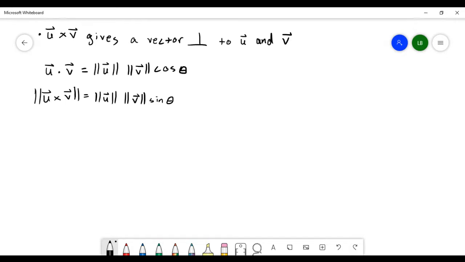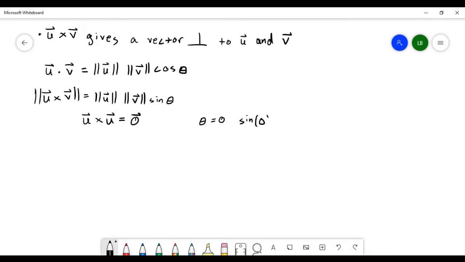And if you look really closely at this, you'll notice it tells us a few other properties of the cross product. If you take a vector and cross it with itself, well, that tells you it must be the zero vector, because the angle between a vector and itself is 0.